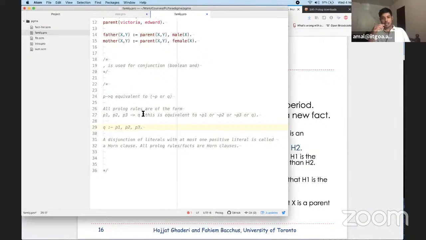But on the other hand, with Horn clauses, everything is in polynomial time. Polynomial time means that it is easy. That is the reason why Prolog is restricting to Horn clauses. So things become easy with Horn clauses.